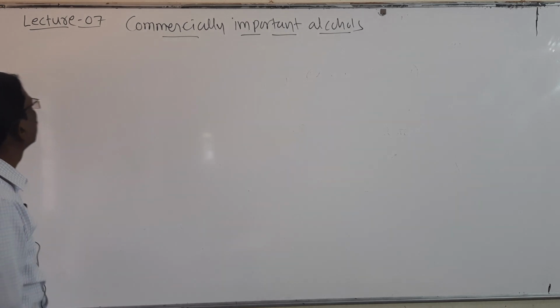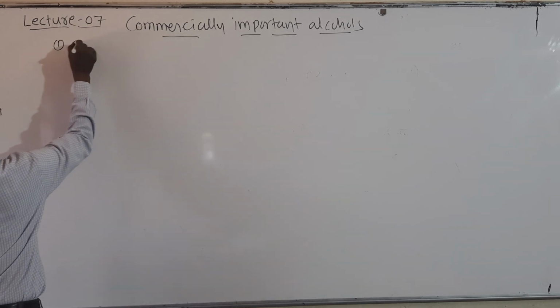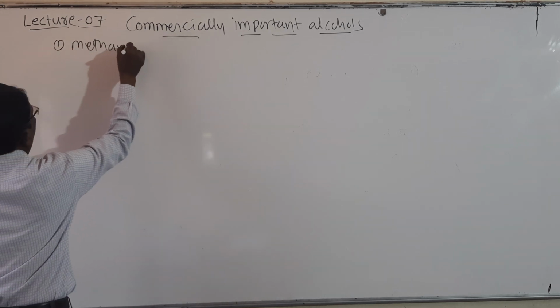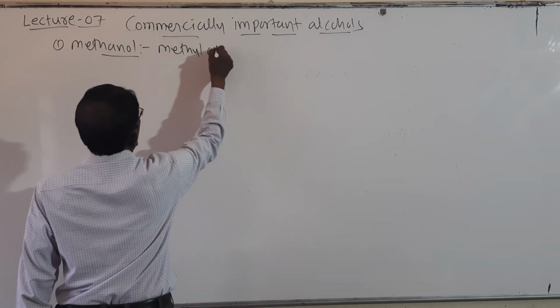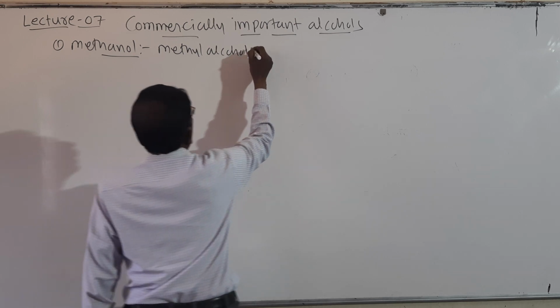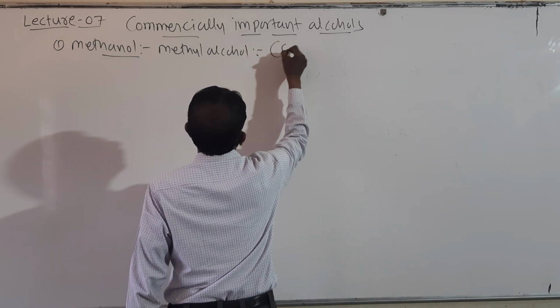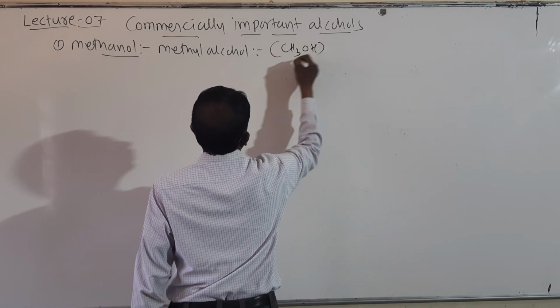Commercially important alcohols. Number 1, methanol. It is also called methyl alcohol, its formula is CH3OH.